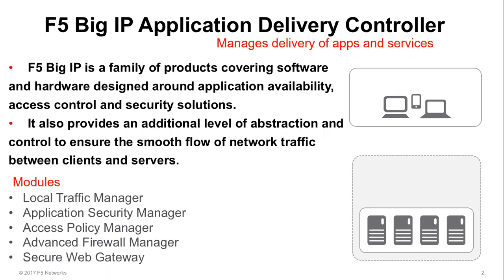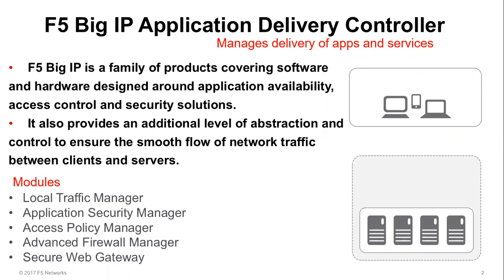So they prefer to call it an application delivery controller. F5 Big IP is a family of products covering software and hardware designed around application availability, access control, and security solutions, which provides a level of abstraction and control to ensure the smooth flow of network traffic between clients and servers.